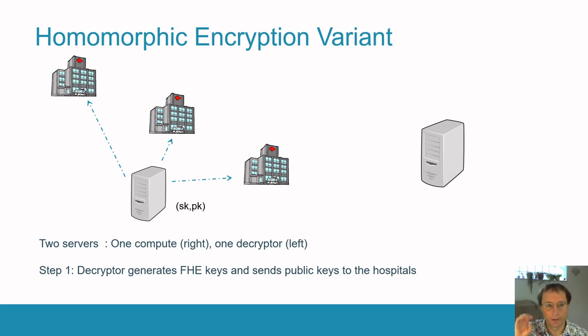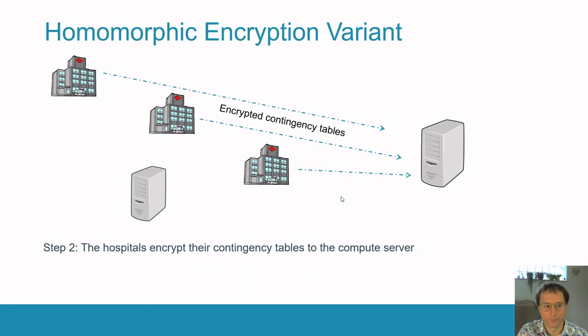So step 1 is that the decryptor, the party on the left over here, is going to generate fully homomorphic encryption keys and then send the public keys to the various hospitals. Step 2 is the hospitals are going to encrypt what's called their contingency tables, the link between the genome and the patients, and send their encrypted data over to the compute server.